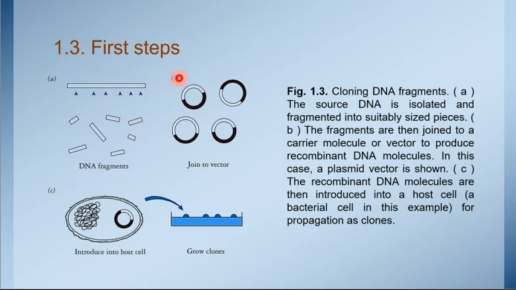Then the fragments are joined to a carrier molecule or vector to produce recombinant DNA molecules. In this case, a plasmid vector is shown. The recombinant DNA molecules are then introduced into a host cell, for example, a bacterial cell in this example, for propagation as clones.